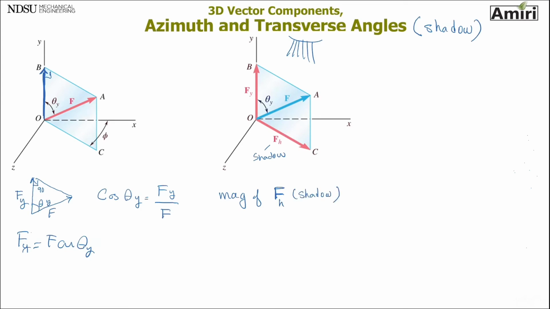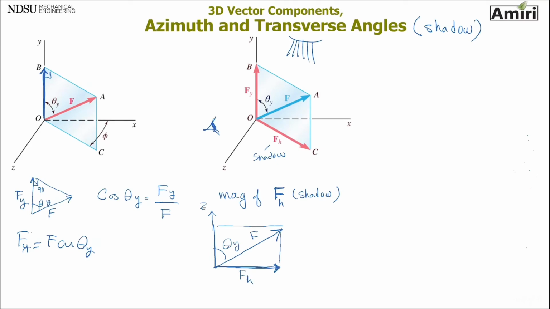Let me draw it. If an observer looks from here, it will look like this. This is the Z axis, this is F, and this is theta Y. I am interested in this magnitude, FH. Can you tell me what is FH?